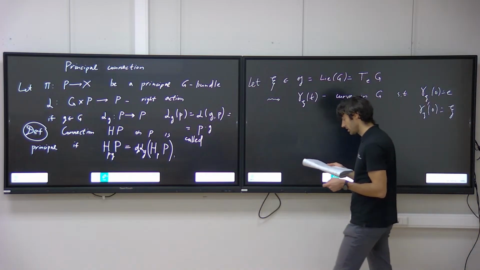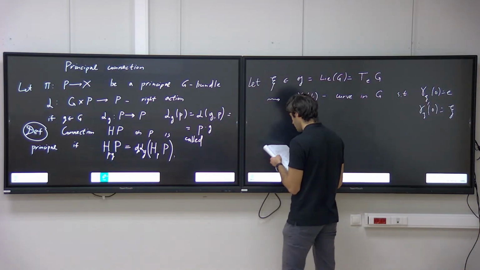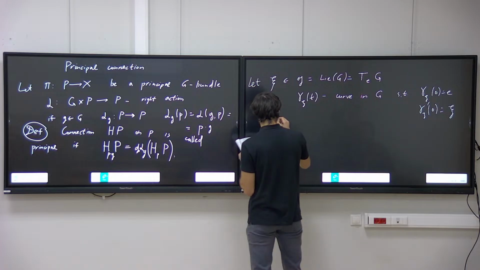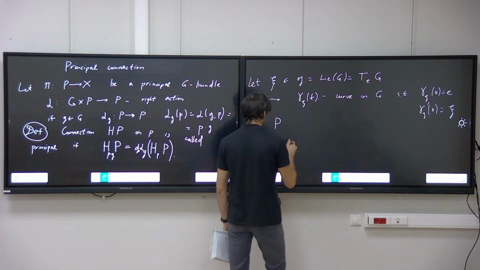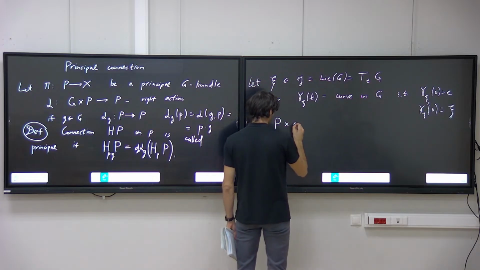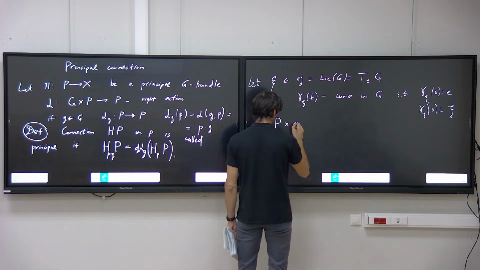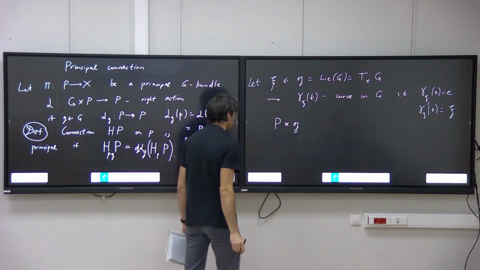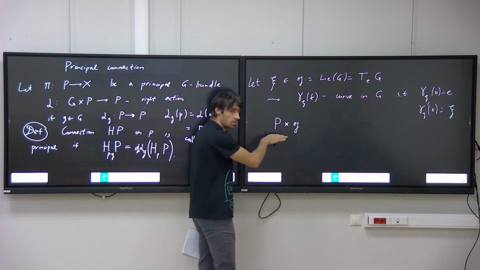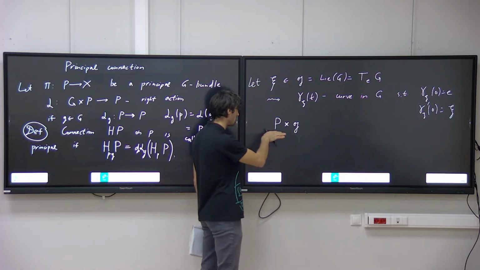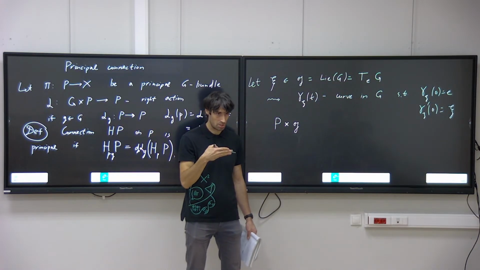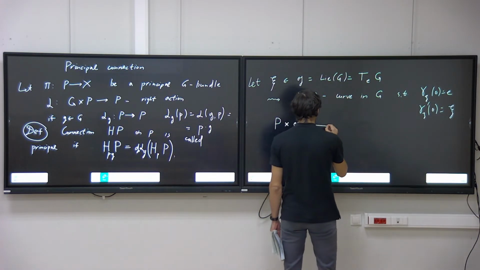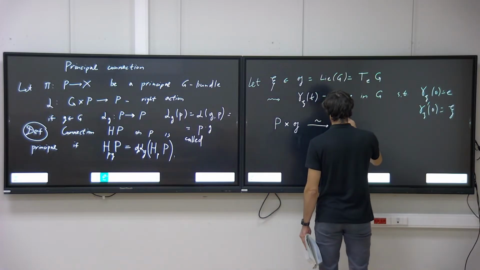So I'm saying that actually there is an isomorphism of vector bundles P times g. I'm looking at this as a trivial vector bundle over P with fiber g, to V_p.